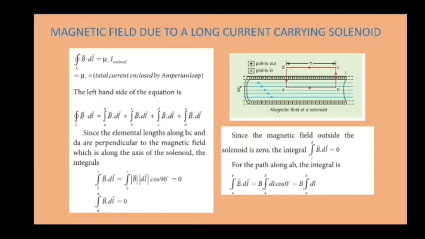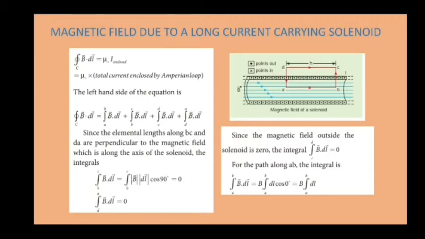Closed integral of B vector dot dl vector is equal to mu 0 I enclosed. So mu 0 into the total current enclosed by the Amperian loop.